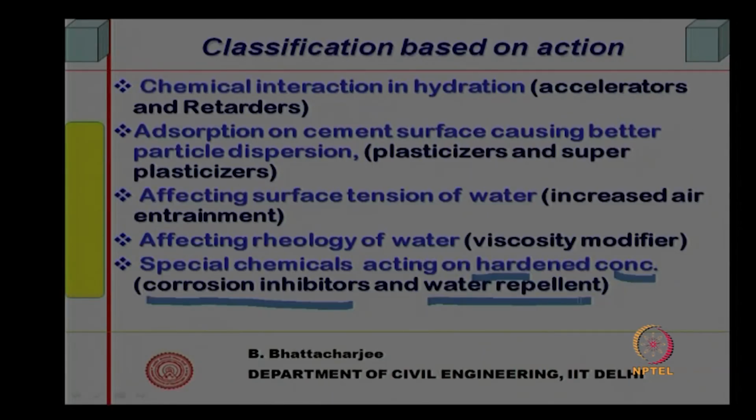Accelerator and retarder interact during the hydration process. Plasticizer and superplasticizer get adsorbed onto the surface of the particle and cause particle dispersion. Air entraining agent modifies the surface tension properties of the water.